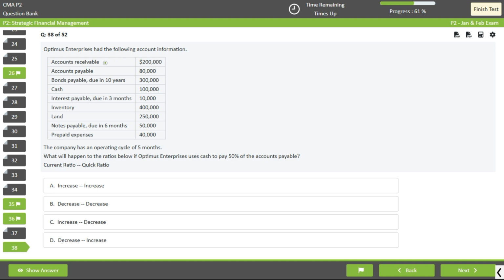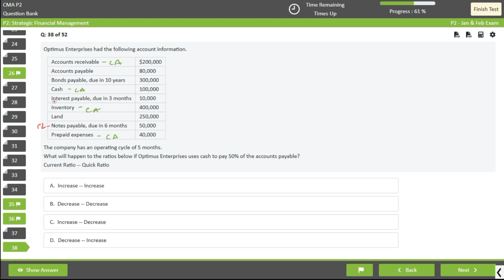the current assets first. Accounts receivable is your current assets. Bonds payable due in 10 years, no. Cash is your current assets. Inventory is your current assets. Prepaid expenses is your current assets. So what are your current liabilities? Notes payable due in 6 months, that is your current liabilities.